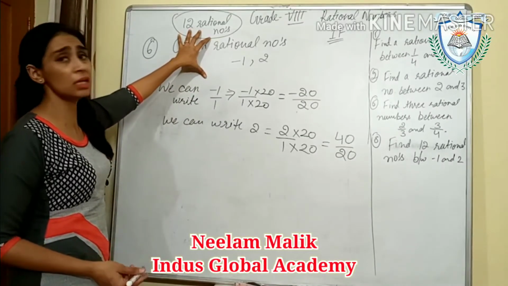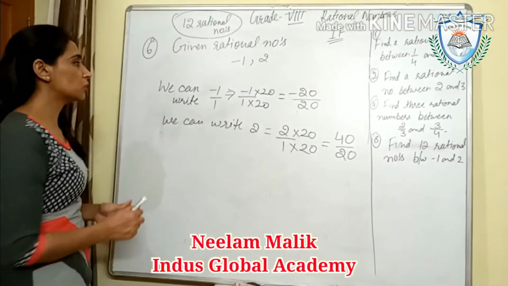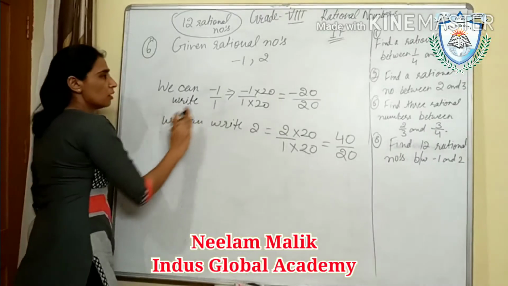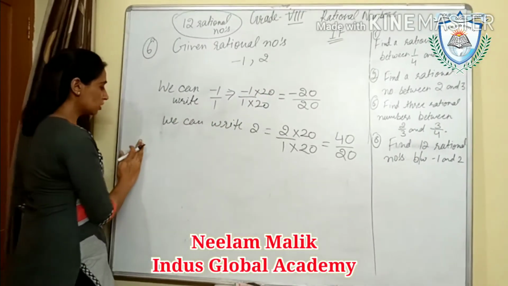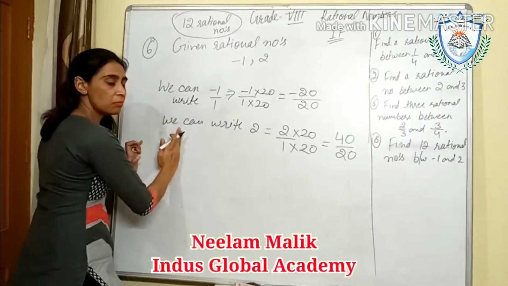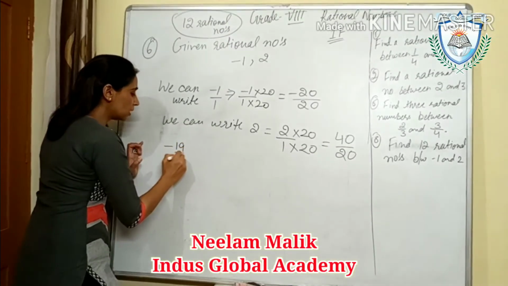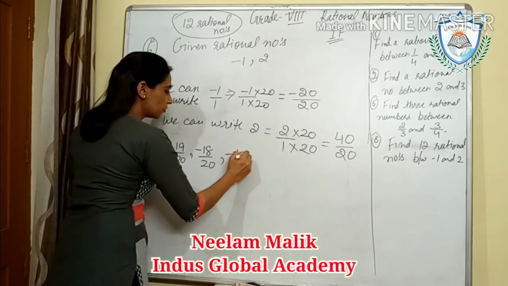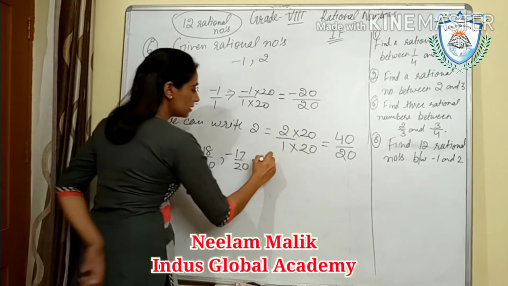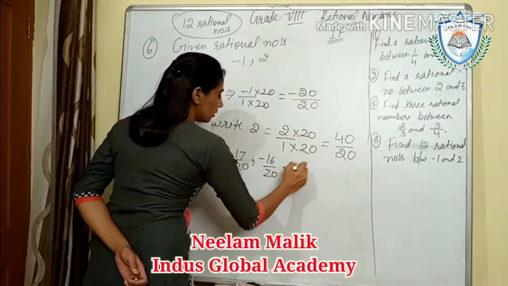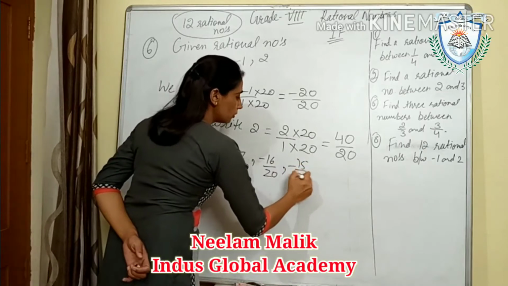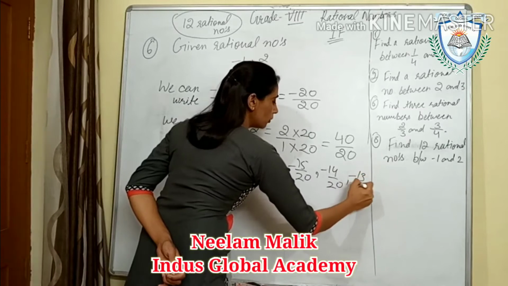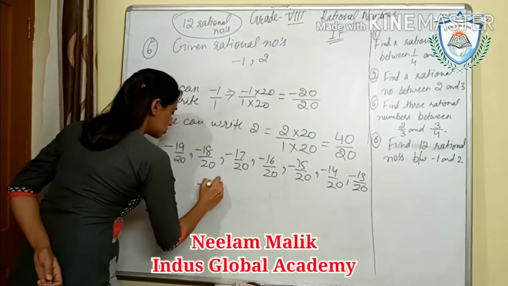But how many do we have to write here? We have to write only 12 numbers. So you can start from any end. I'm starting from here, minus 20 on the number line. After that minus 19 upon 20, minus 18 upon 20, minus 17 upon 20, minus 16 upon 20, minus 15 upon 20, minus 14 upon 20, minus 13 upon 20, minus 12 upon 20.